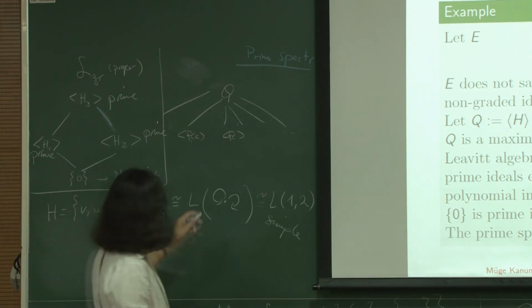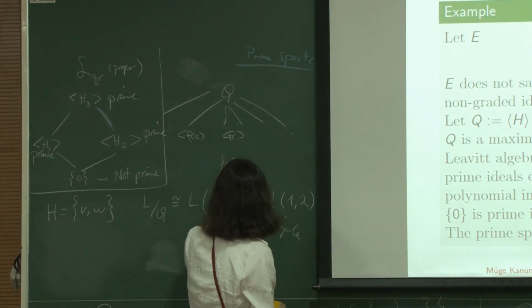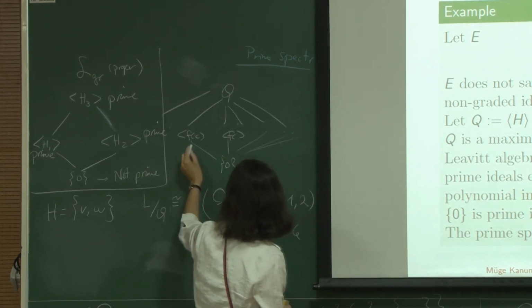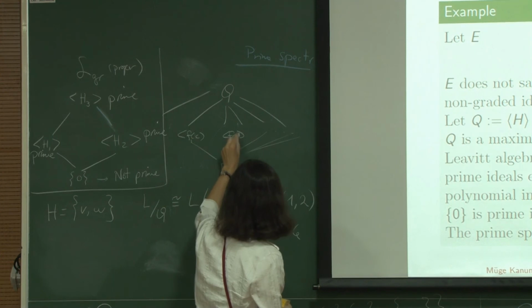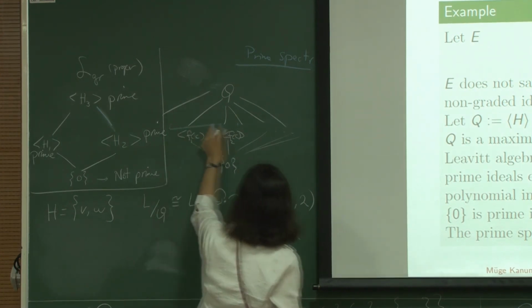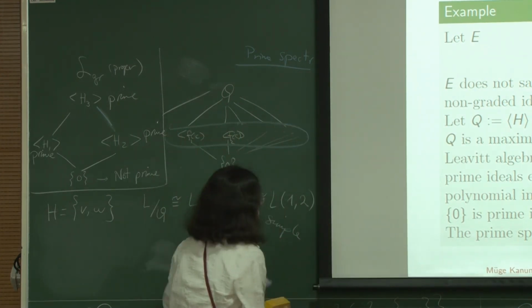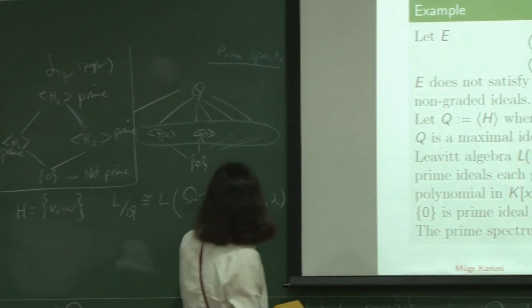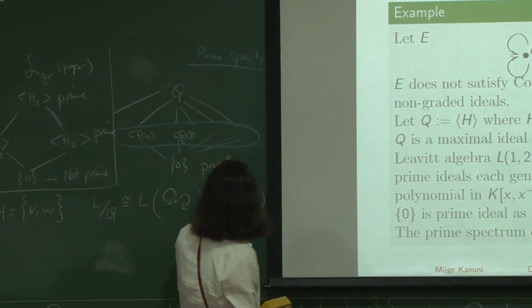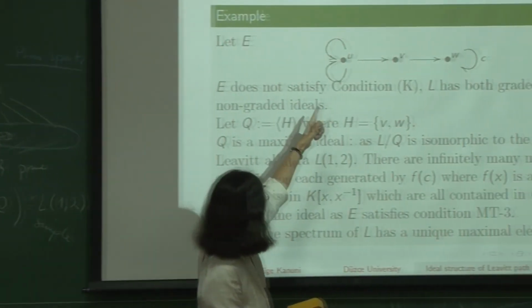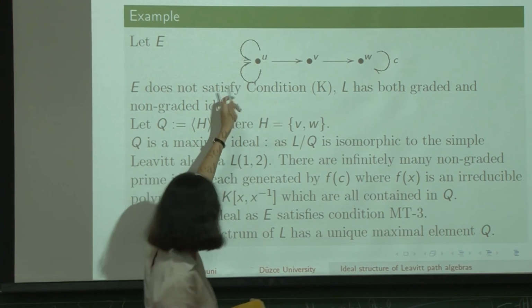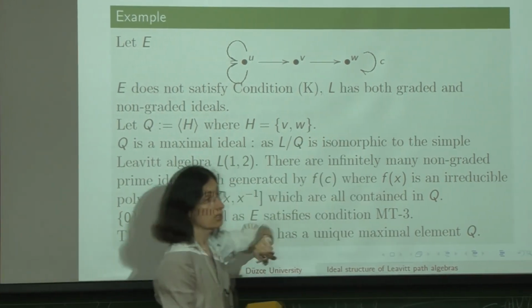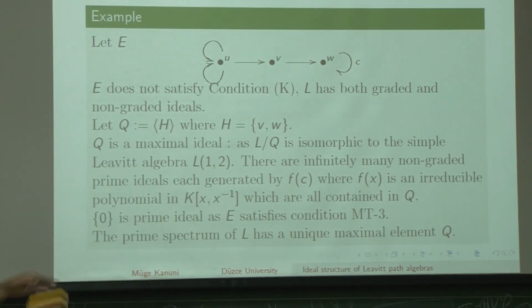Now, zero is a prime ideal because the graph satisfies the condition downward directed. Everything is connected at W.